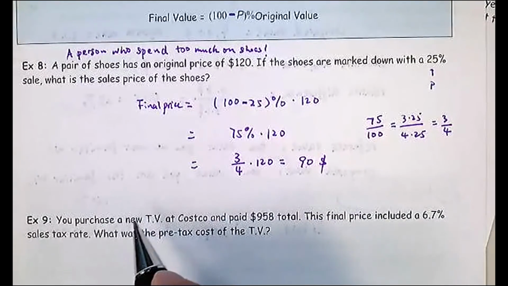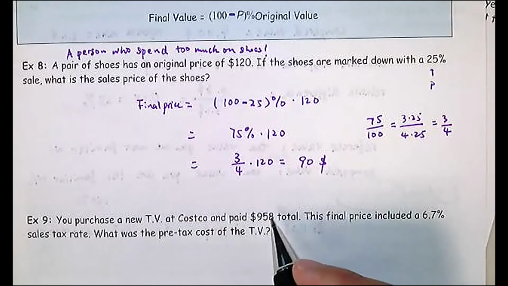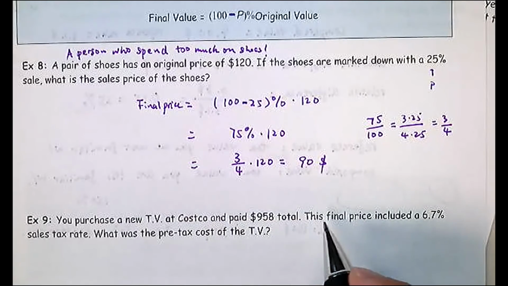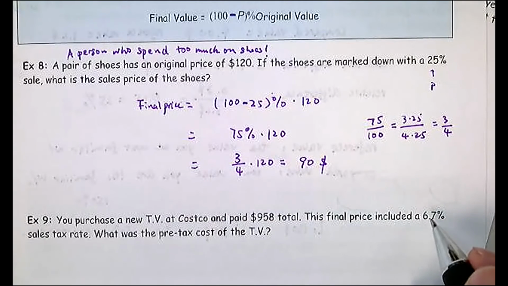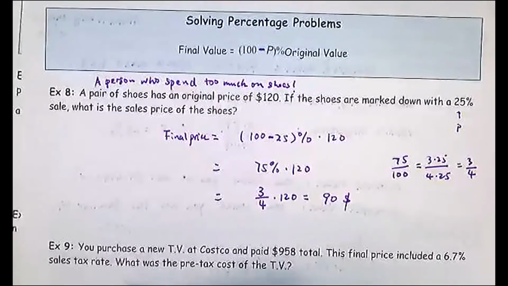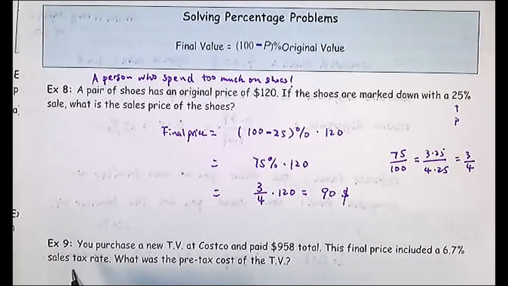When you purchase a new TV at Costco, you paid $958 in total. This final price includes a 6.7% sales tax. So this case is different. You are adding a tax to the original price.